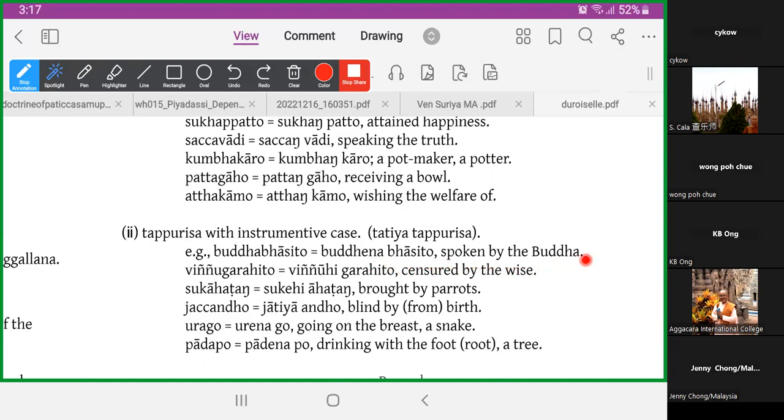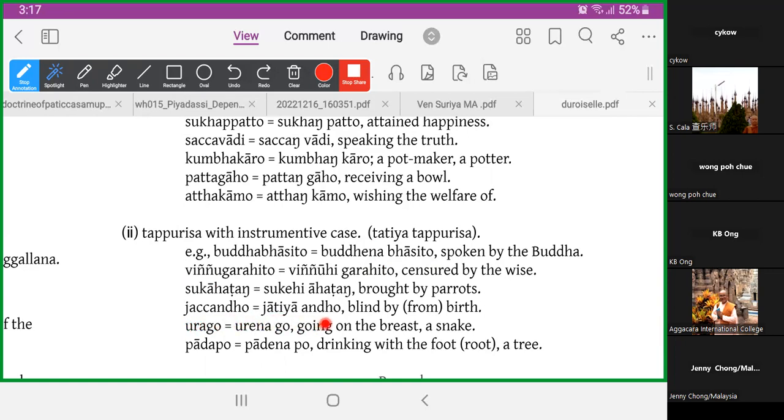Vinnuhi Garahito, censured by the wise. Sukehi Ahatam, brought by the parrots.